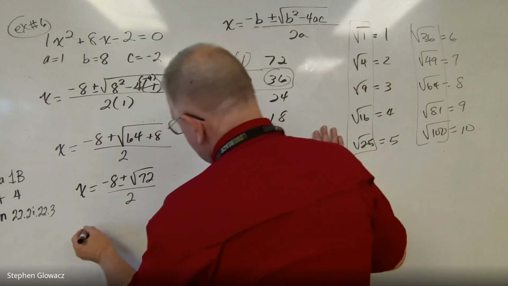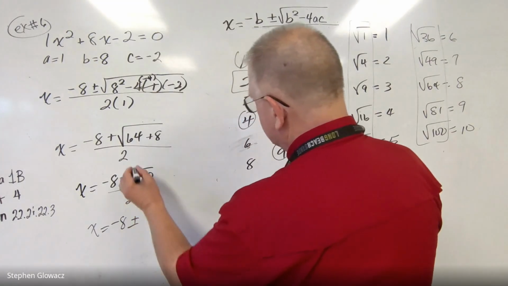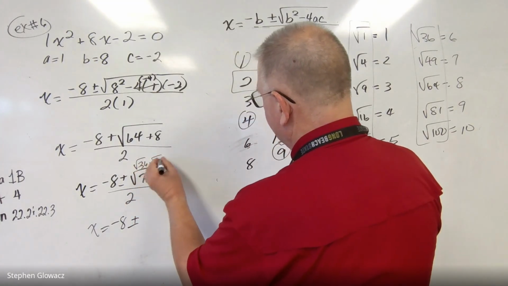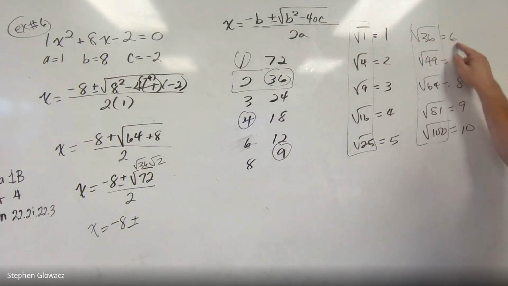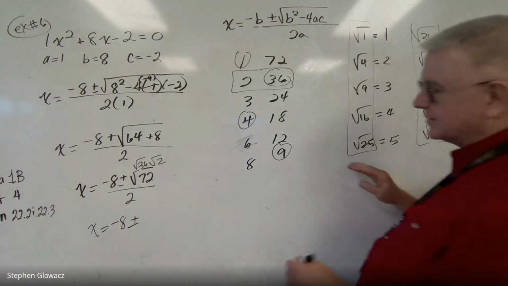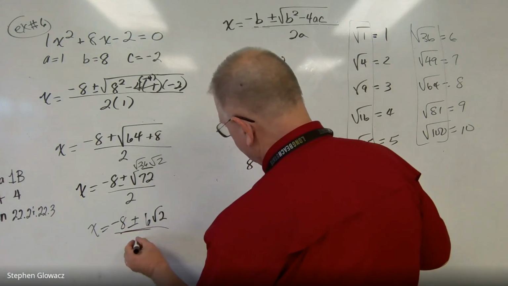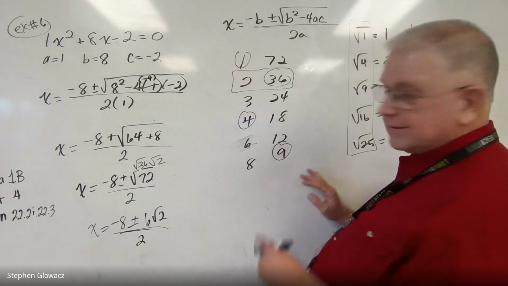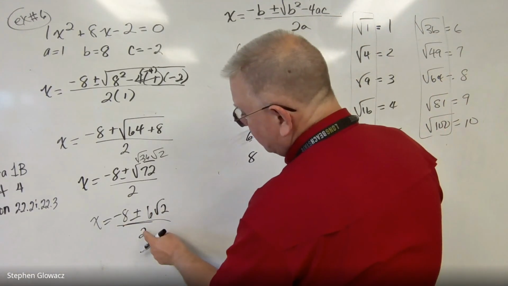So we have x equals negative 8 plus or minus, let's go ahead and write it here, 36 times 2. The square root of 36 is 6 because 6 times 6 is 36. So we have 6 radical 2 over 2. Then let's see if we can squeeze that in at the bottom. We have to divide each of these terms by 2.